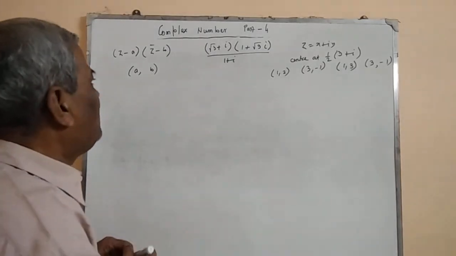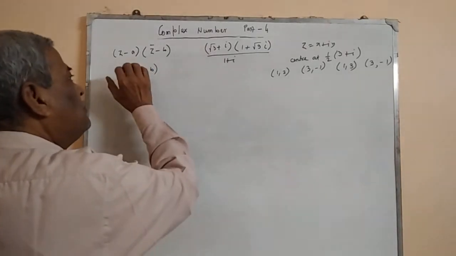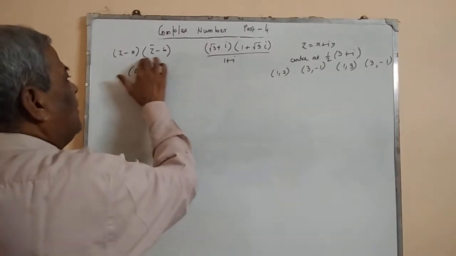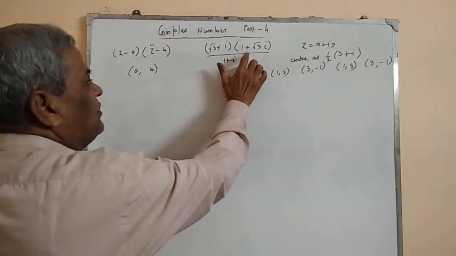This is the problem. Now, initially we are given that argument of this is equal to argument of that.